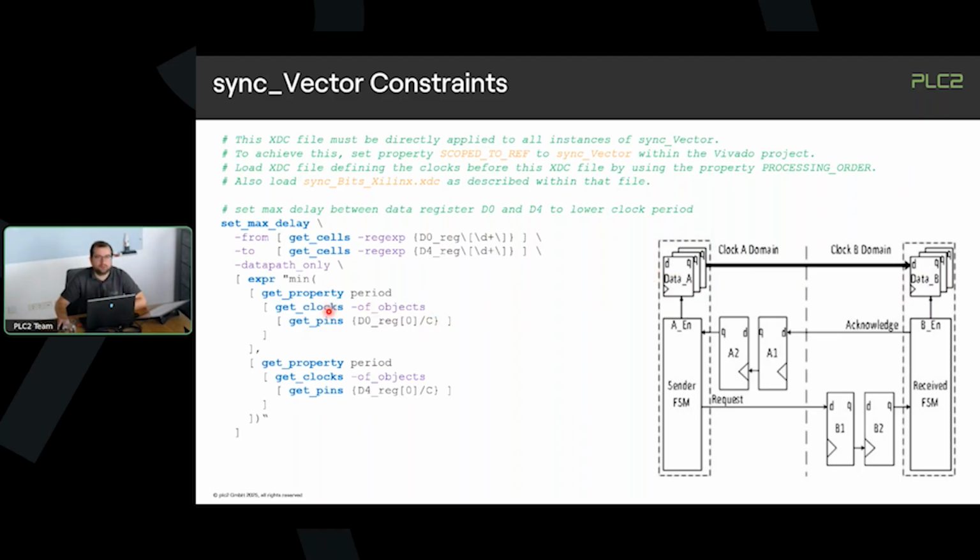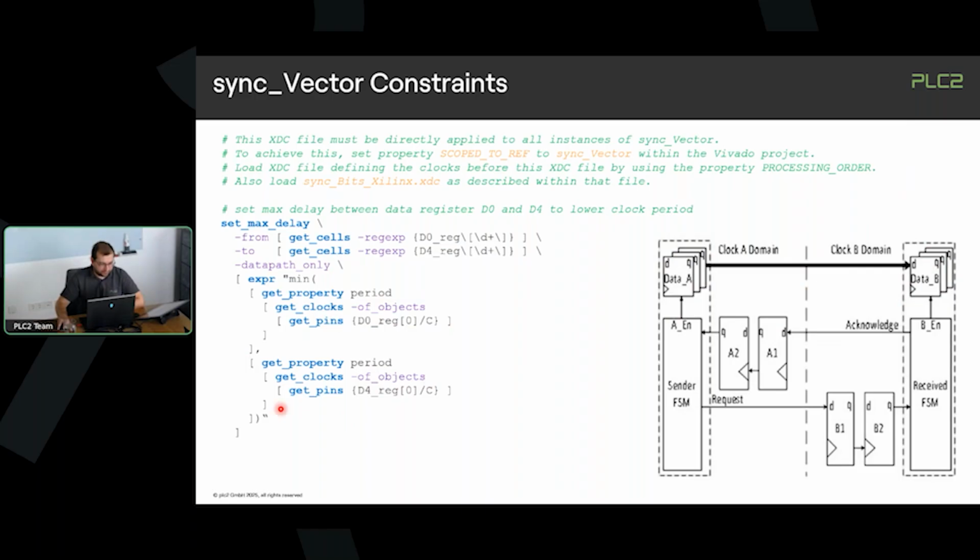And if I have the clock object inside of Vivado, I can use get_property PERIOD to read out the period of this clock. So here I might get 10 nanoseconds if there's a 100 megahertz clock driving the C input. Similar, I'm reading out what is the period of the clock driving the C pin on the destination clock domain.